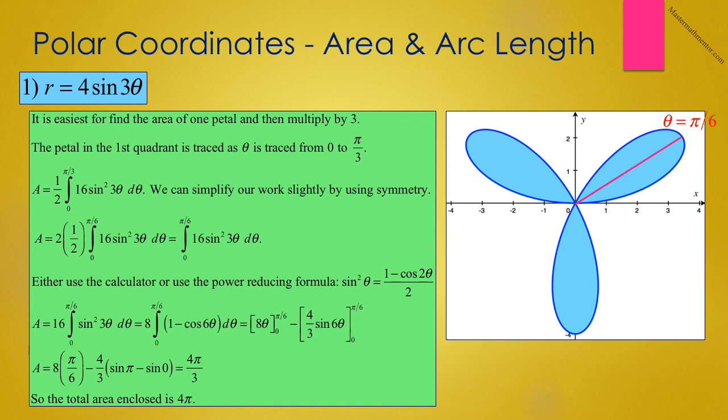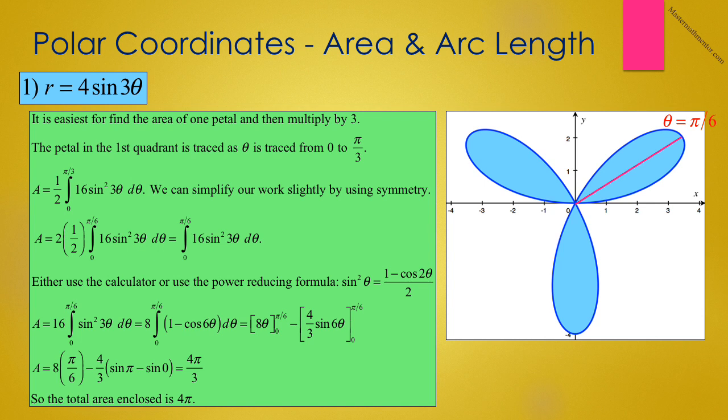So our area becomes 16 times 1/2, or 8, integral from 0 to pi over 6 of 1 minus cosine of 6 theta d theta. And when we integrate that, we get 8 theta evaluated from 0 to pi over 6 minus 4/3 sine of 6 theta evaluated from 0 to pi over 6.